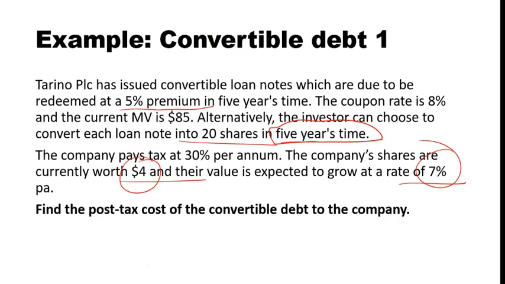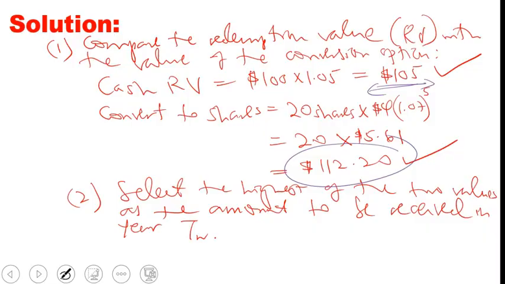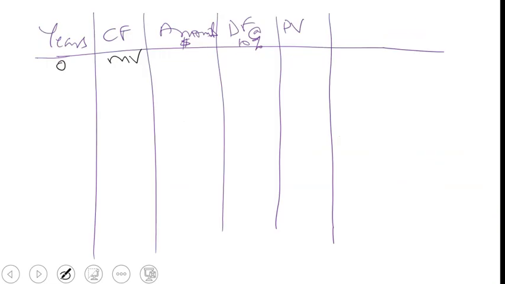The market value was $85. Okay, it was 85. And this is given in negative, and the discount factor for year 0 is always 1. Obviously, we get a negative 85.